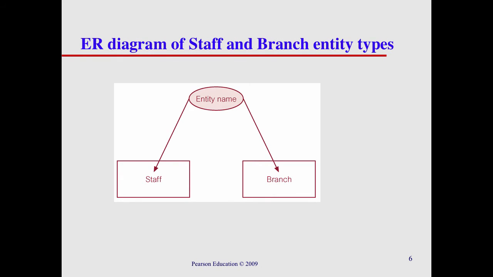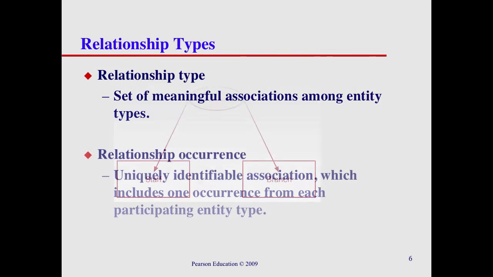So in the unified modeling language, an entity is represented as a rectangle with a label in the middle. So staff and branch are two entities.